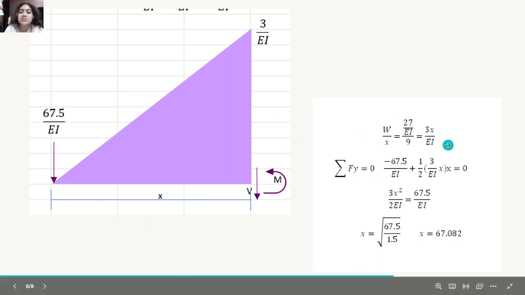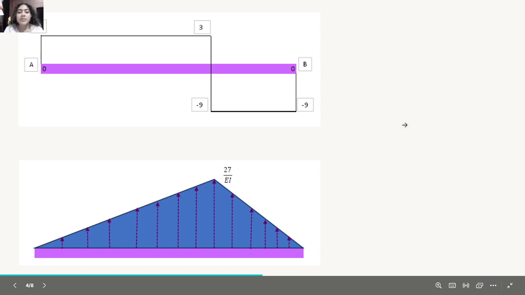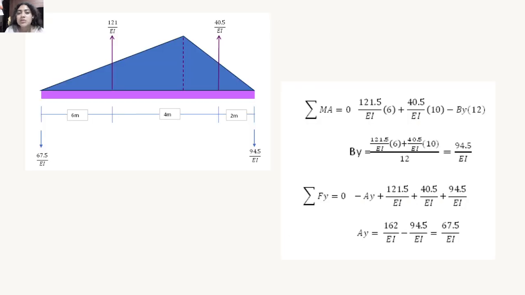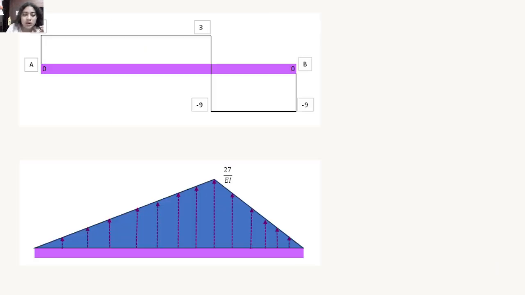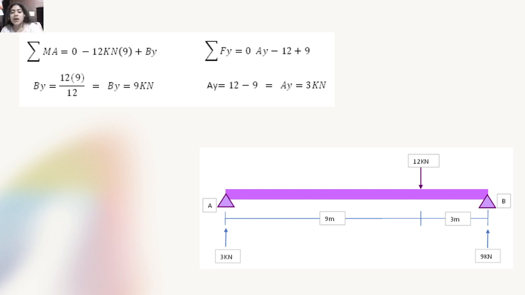What is that? The moment, and this one is c, the moment, 27 divided by the elastic modulus, that divided by 9. 9 is the area, or the distance from point A to point 12.